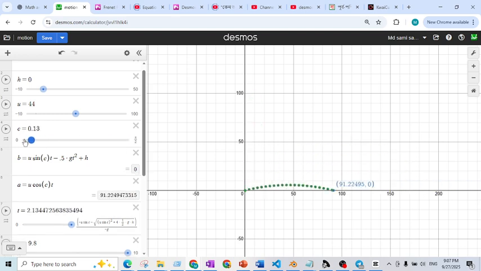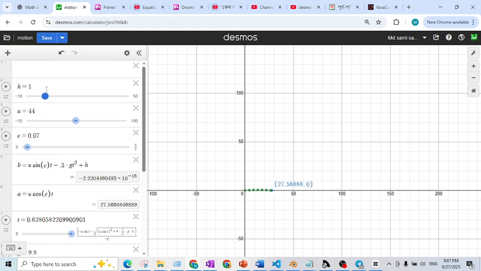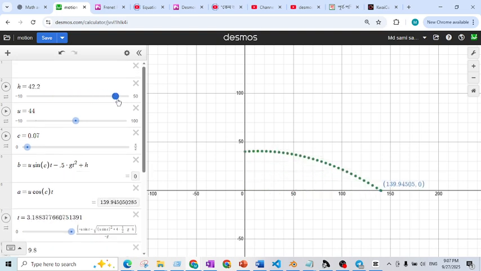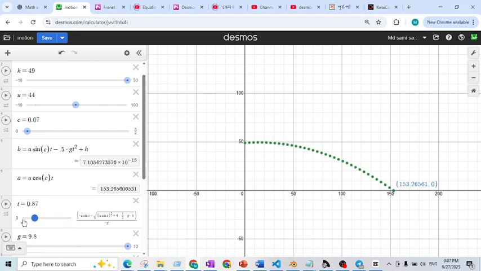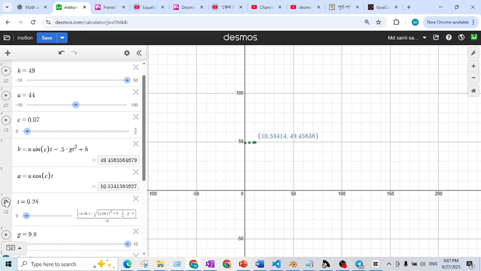Well, so now we can increase the height. Let's throw this object from a height of 50 meters, and now let's run the simulation, or let me increase the angle.